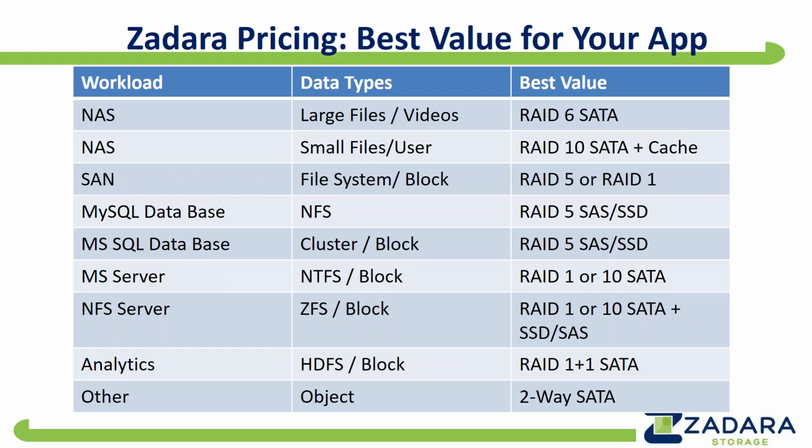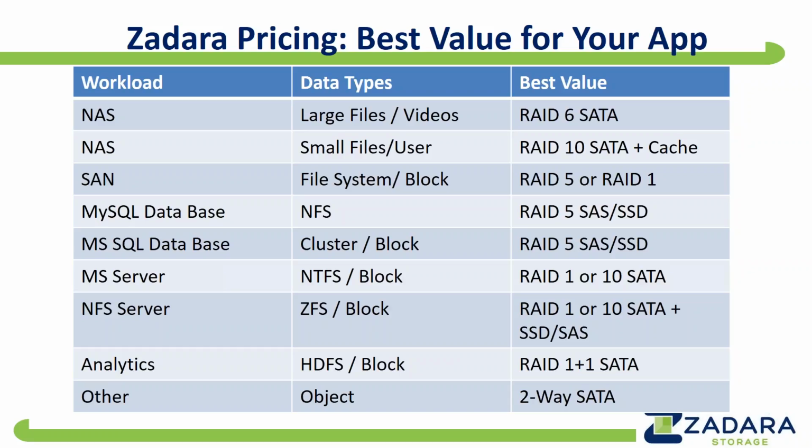But when you build out your VPSA, what you want to do is build it for your application. So you want to get the best value for your application and your performance. And so what we found is that if you have large files and videos, RAID 6 really works very good for that type of use case.